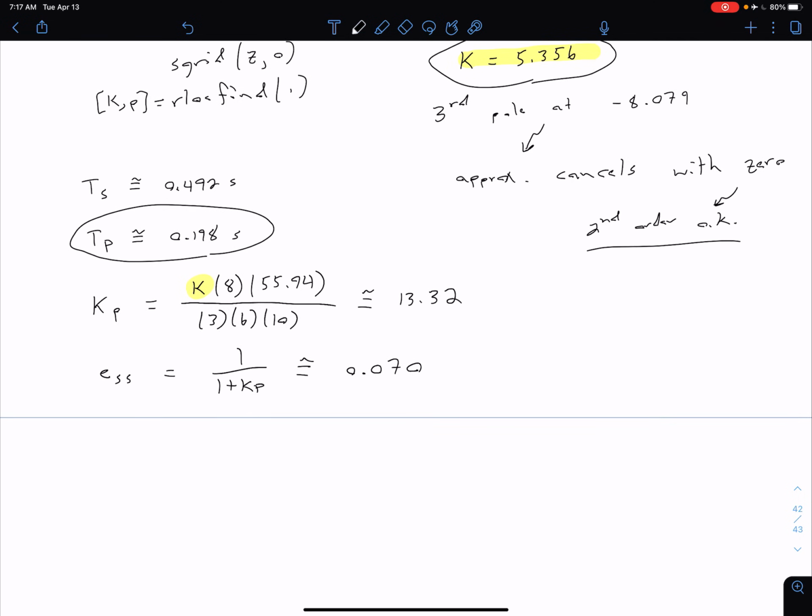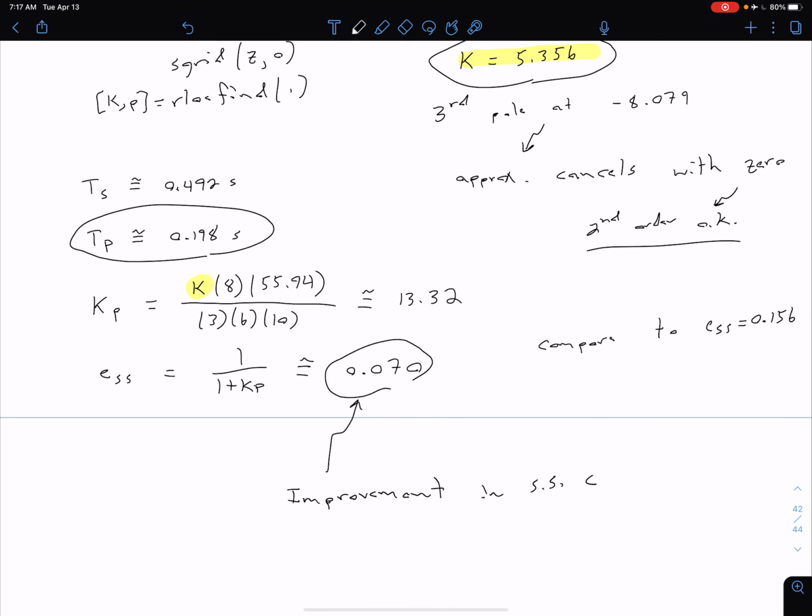So let's compare that to the uncompensated system. Compare to our steady state error for the uncompensated system, which was 0.156. So what we see is we've actually improved our steady state error a little bit.